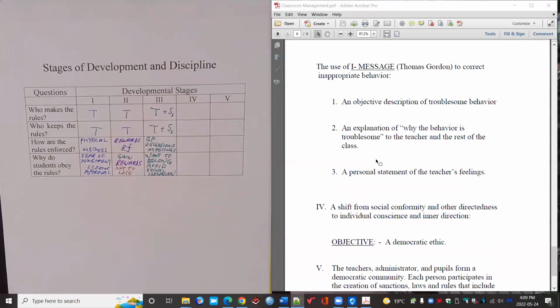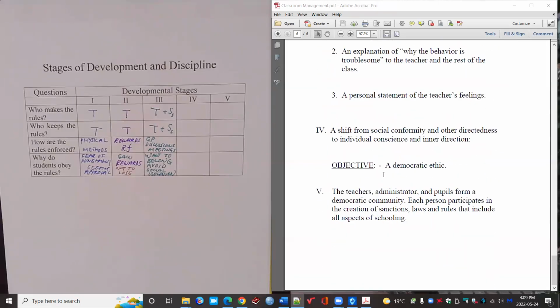So we've discussed I messages. Okay, let's take a look at number 4 here. So here there's a shift from outside directed to individual responsibility. Very much like Gilligan's ideas, right? But anyway, this is stage 4.